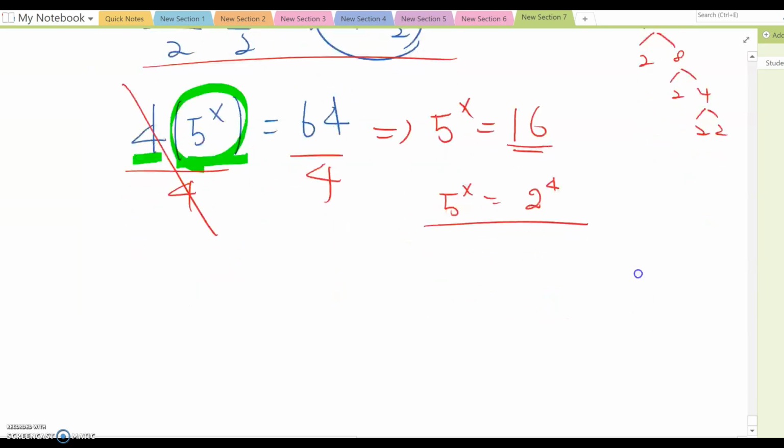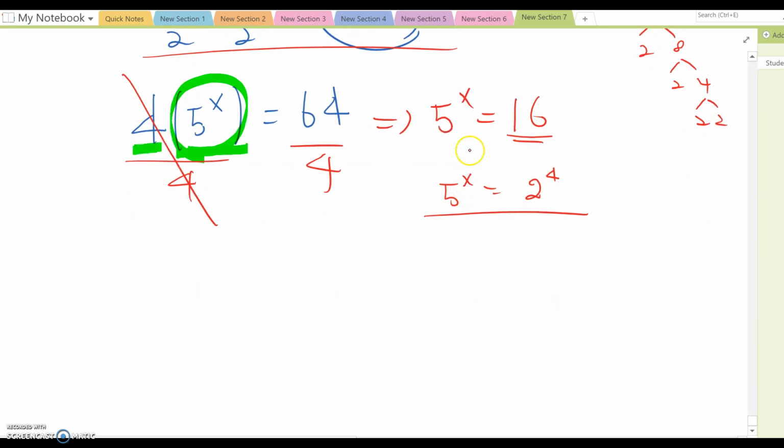So in this case, we want to isolate this x value. Then how do we isolate x? Yes, we have to use logarithm. So x equal to log base 5 of 16.